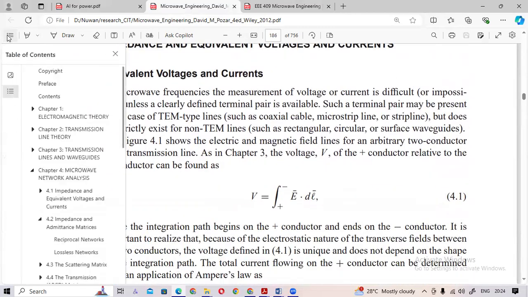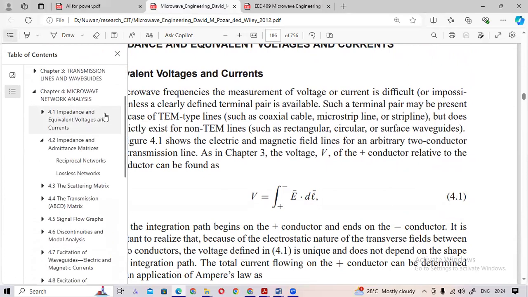Basically, here we are going to learn some parameters: the impedance parameter, the admittance parameter, the scattering parameter, and also the ABCD parameter. Actually, there are 4 parameters we have to learn. These parameters are very important when we are analyzing microwave circuits.